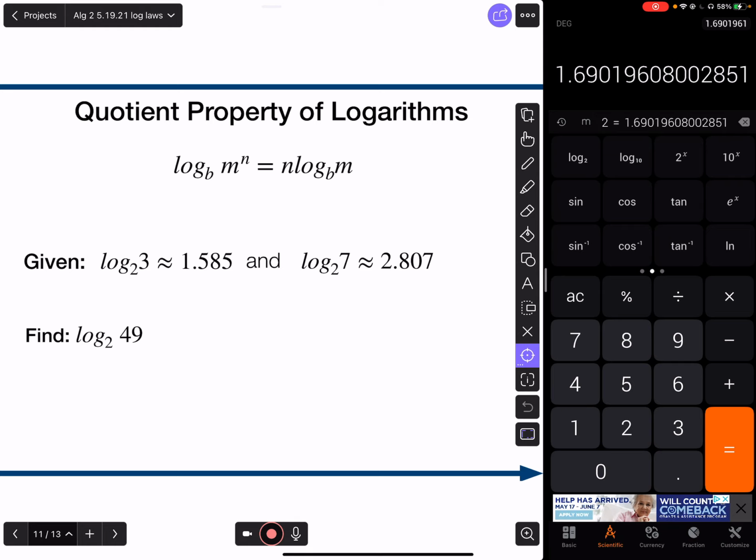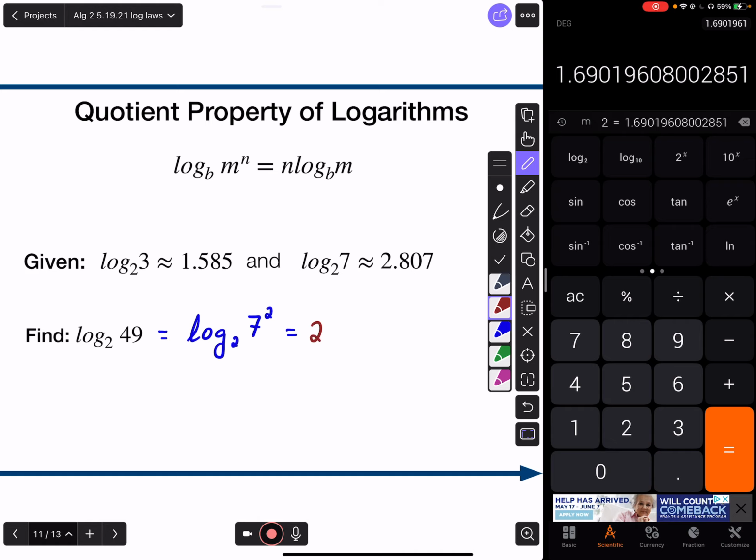So here's our example. Same log base 2 of 3 and log base 2 of 7. Figure out the log base 2 of 49. They're trying to be a little tricky here because how do I get a 3 out of a 49? Well, I don't have to use this one. So I'm going to rewrite this as log base 2 of 7 squared. And now, because of the power property, I can bring that exponent to the front as a factor.